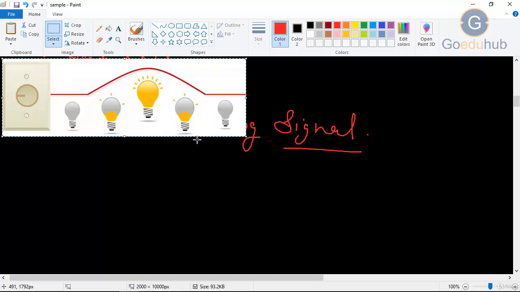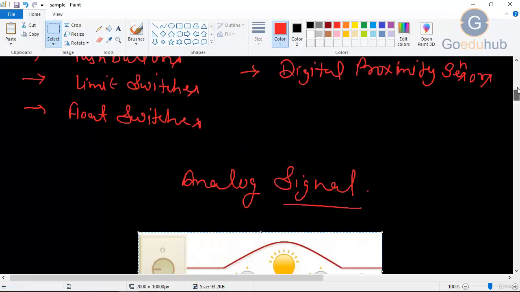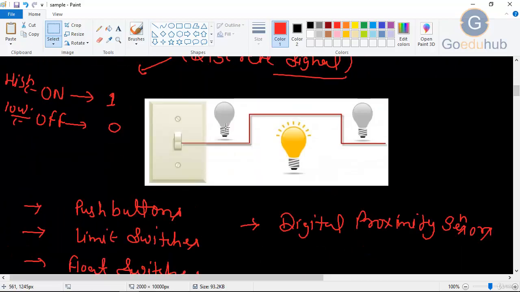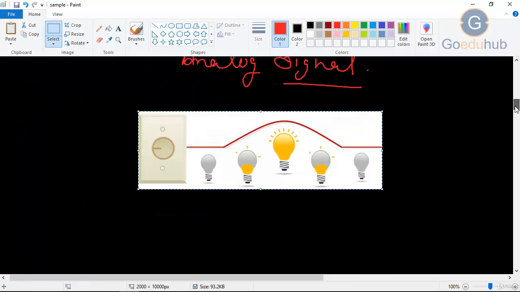Due to this, you can reduce the illumination of your bulb, or you can increase it as you want. The voltage supplied to the light will not be a constant level but a changing one set between the upper and lower limits. This is usually represented by a sine wave.